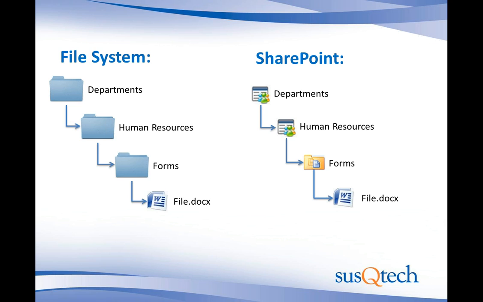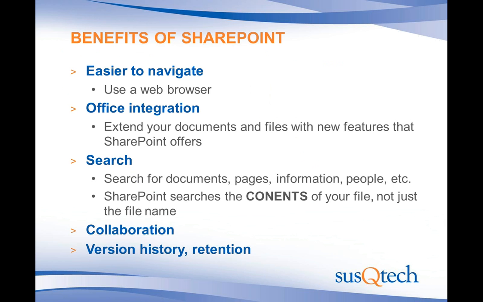And within human resources, they would have a document library called forms, and the document would live there, which is much more of an intuitive structure. And the ability to get to that individual file is much more user-friendly. Security is much better, and we'll show you here in a minute how we do that within the search interface.